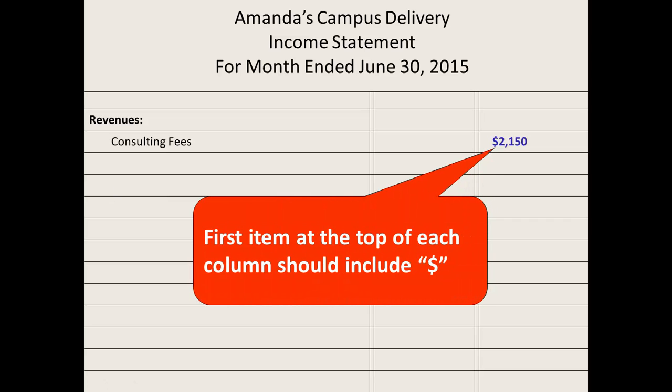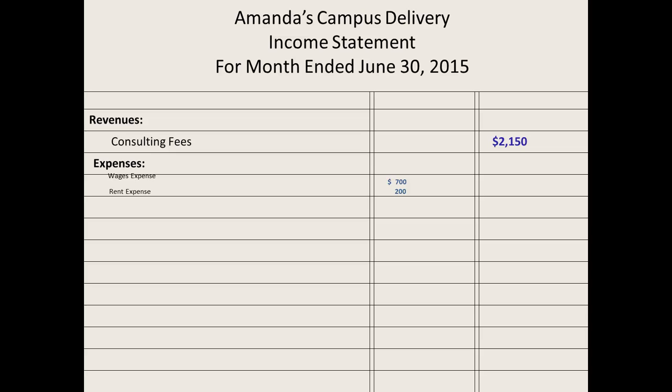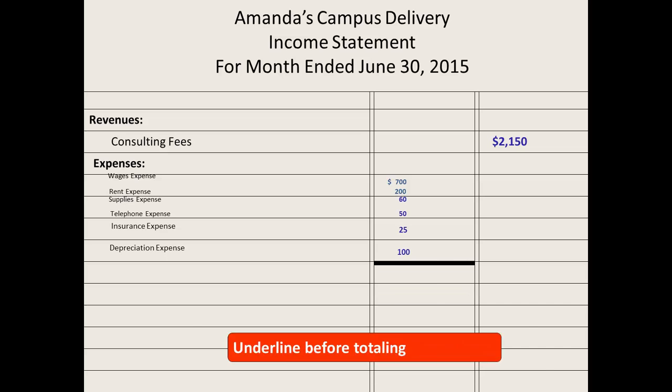Since it's the first item at the top of the column, it's going to have a dollar sign. Now I list my next label, which is expenses, and I'm going to list all of my expenses and their amounts that came from the worksheet.